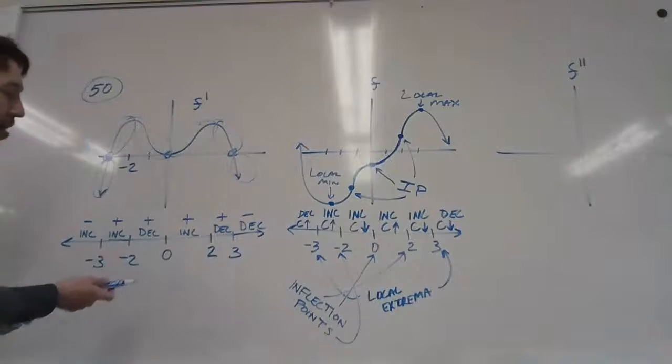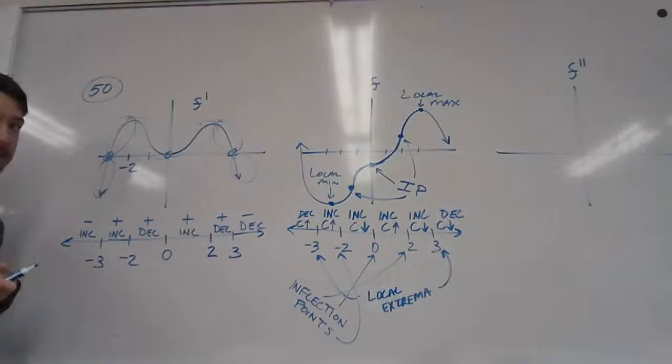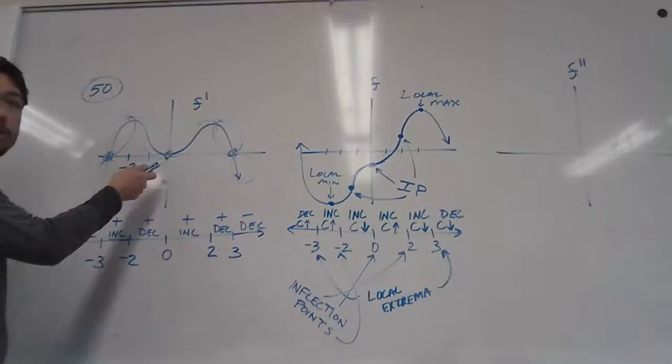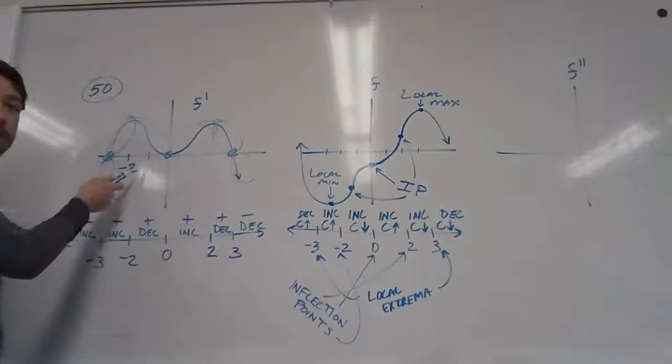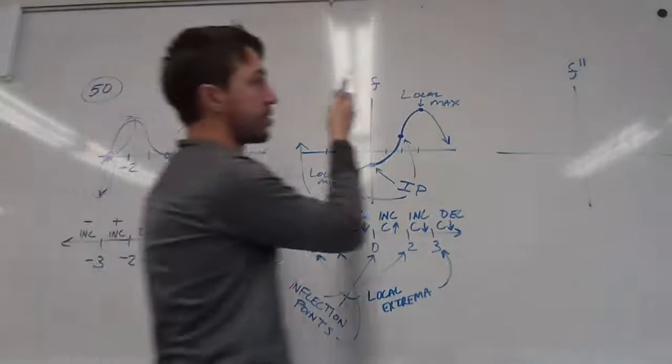So we've already identified a whole bunch of stuff. If you recall earlier, Alyssa was talking about the concavity of this graph. Well, now it's relevant, because if this graph is concave up, then what's its derivative doing?